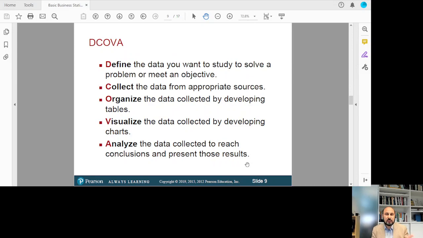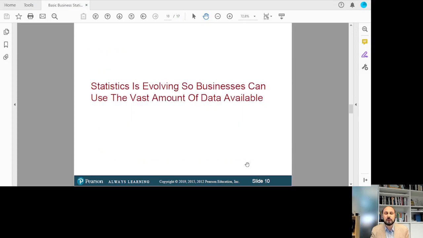D, define the data you want to study to solve a problem or meet an objective. C, collect the data from appropriate sources. O, organize the data collected by developing tables. V, visualize the data collected by developing charts. And A, analyze the data to reach conclusions and present those results for effective decision making.